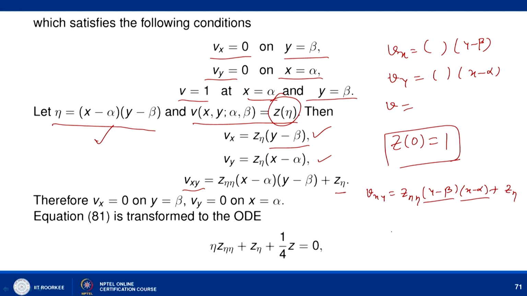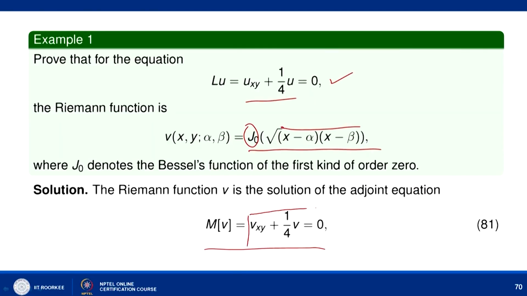So, vxy is z'' eta (x minus alpha)(y minus beta) plus z' eta. And vxy plus 1 by 4 v equal to 0 is the equation which we have to satisfy.